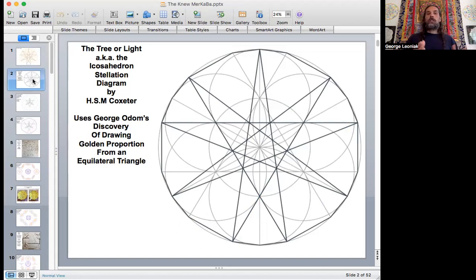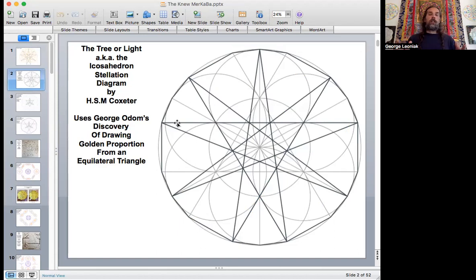It also has a relationship to George Odom's discovery of the drawing, which produces a golden ratio from the edge of the equilateral triangle to the extension past the circles out to the larger outer circle. That creates the golden proportion between this length and the central equilateral triangle.